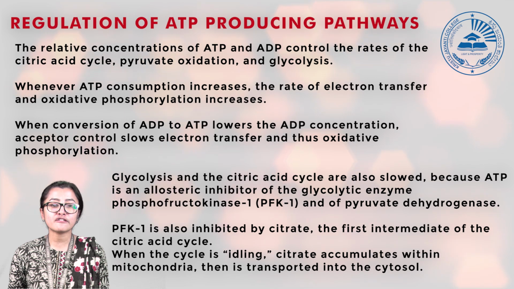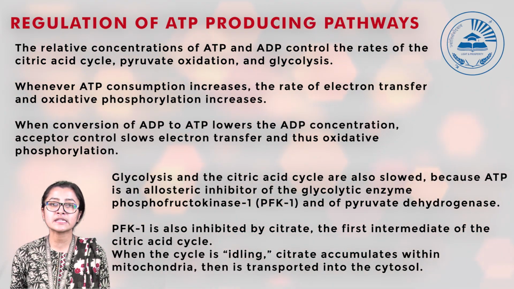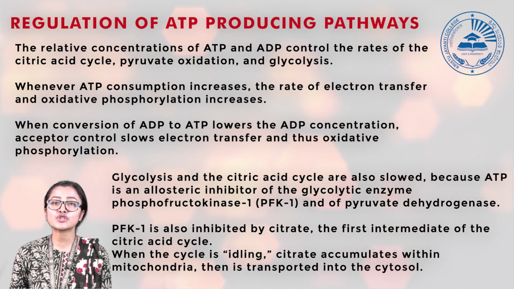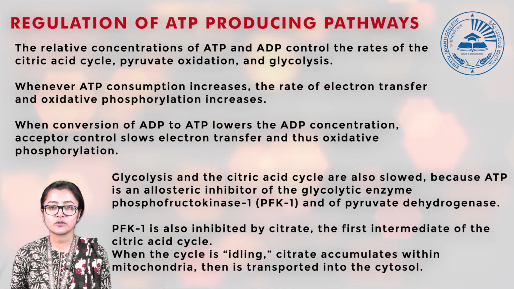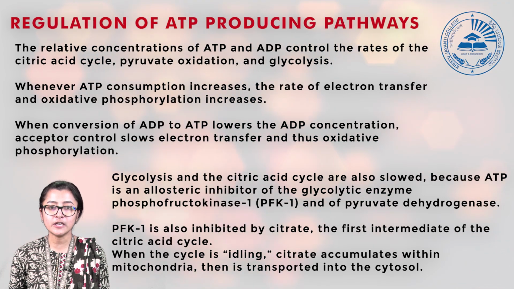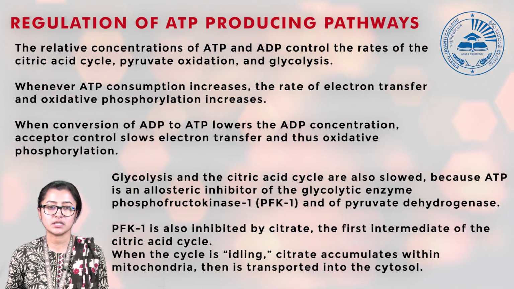Simultaneously, the rate of pyruvate oxidation via the citric acid cycle also increases, increasing the flow of electrons into the respiratory chain. So, when the conversion of ADP to ATP lowers the ADP concentration, acceptor control slows down electron transfer and thus oxidative phosphorylation also comes to a halt.